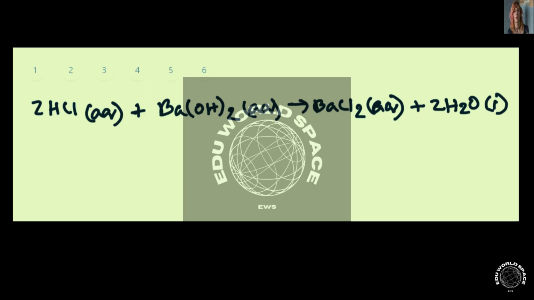So from the balanced equation, we can see that 1 mole of barium hydroxide will react with 2 mole of HCl. So we will write 1 mole barium hydroxide will be neutralized by, or will be identical to, 2 mole HCl.